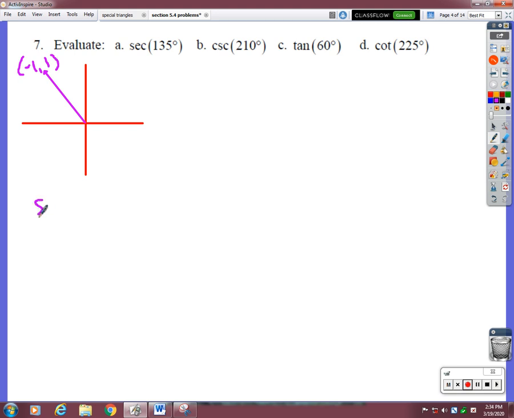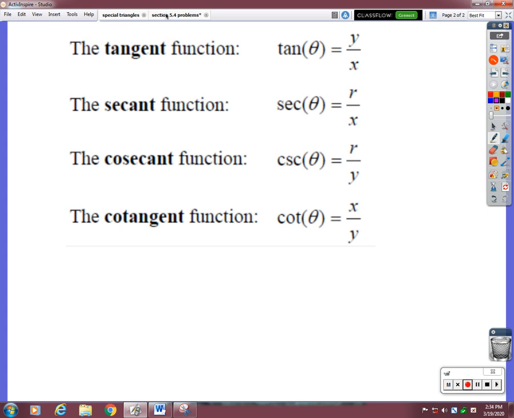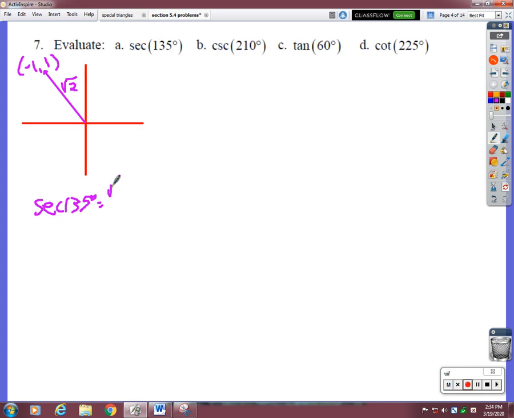So that means that this is square root of 2. So the secant of 135 degrees. Secant is r over x, so that is the square root of 2 over negative 1, which works out to be negative square root of 2.